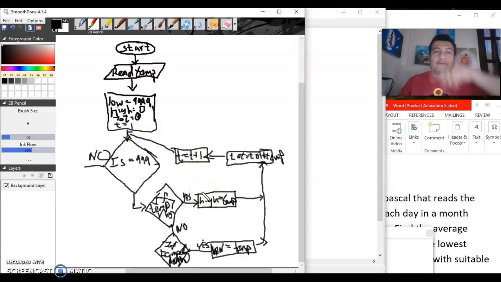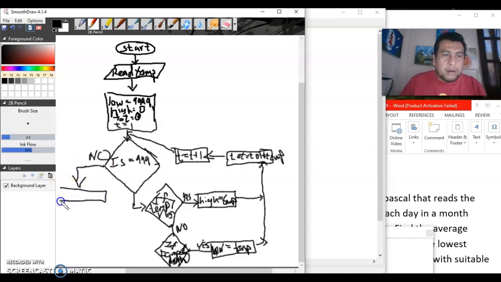That loop is happening over and over until the person enters 999, then this goes here. Remember, it takes back the one loop, which is t equals t minus 1, goes there, another processing, which is average, ouch, my mouse guys, my mouse, equals total divided by t.